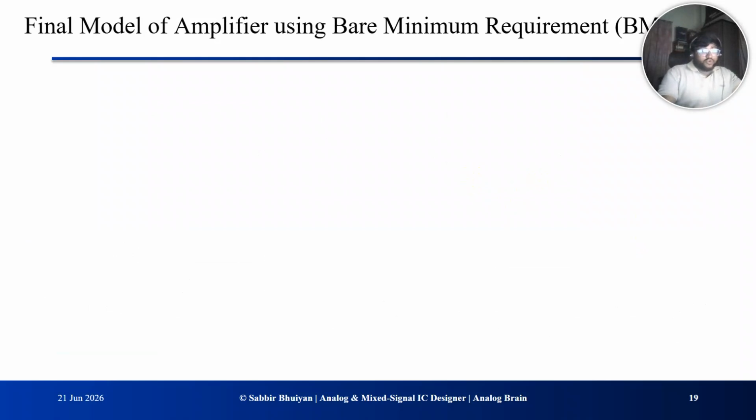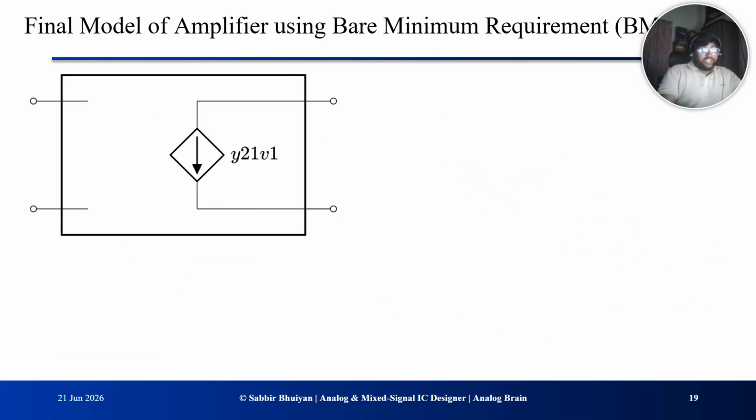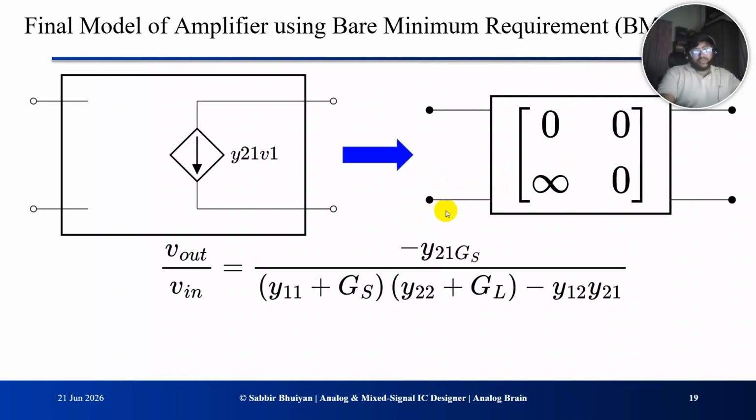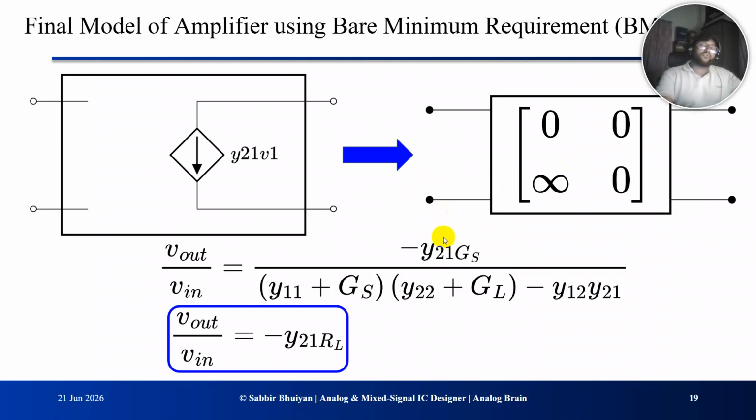Now when we drop these four conditions into the Y parameter circuit, almost the whole circuit disappears. 1 by Y11 and 1 by Y22 are gone. Infinite impedance means no branch, and 1 by Y22 is gone for the same reason. All that's left is a single voltage controlled current source Y21 V1 sitting at port 2's terminals.